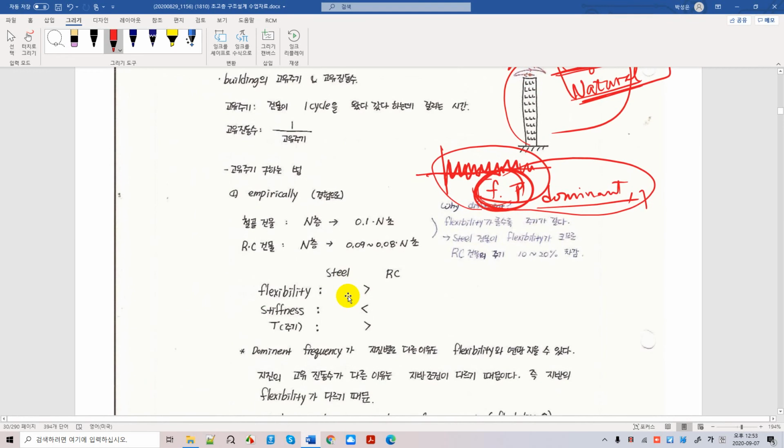It is very difficult to calculate how many seconds you need to make one period. In other words, how to calculate the period of buildings is very complicated. You need very sophisticated structural software to calculate the building period or building frequencies.